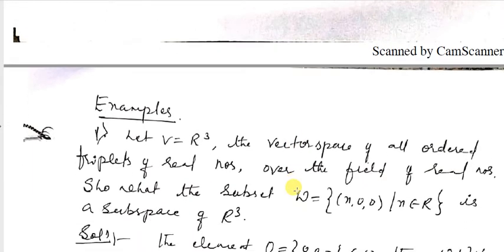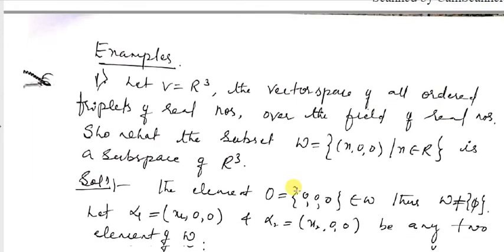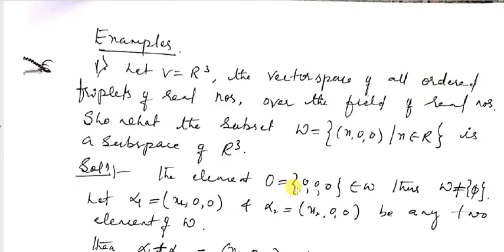Let me consider a few examples on the vector space and the subspace. Number 1. Let V equal R3. What do you mean by R3? The vector space of all ordered triplets of real numbers over the field of real numbers. Show that the subset W equal to the set of all (x, 0, 0) such that x belongs to R is a subspace of R3.